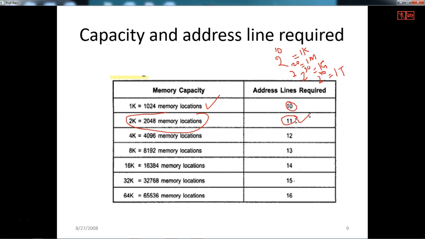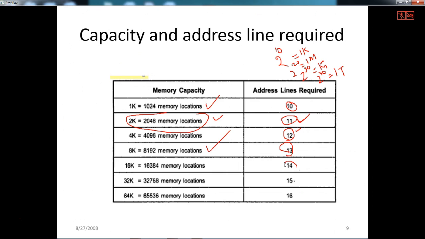If the chip has 11 address lines, that means 2 power 10 times 2, so 2K, that is 2048 memory locations. If the memory is 4K, it should have 12 address lines. If the memory has 13 address lines, then 2 power 10 times 2 power 3, and 2 power 3 is 8, so 8K memory locations.